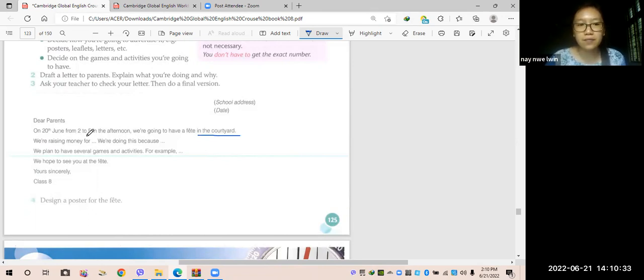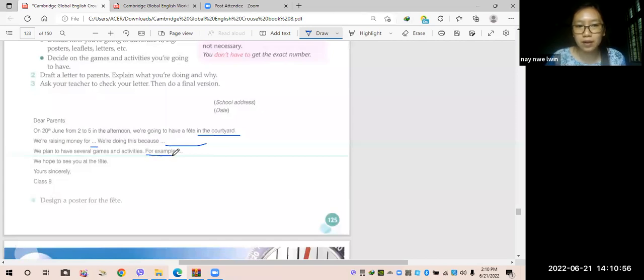And we are raising money for, so you can add anything here. Like we are raising money for the charity, and we are doing this because, so you may have a reason for celebrating the fete. For example, we are doing this because we want to help the children from South Africa or East Africa, whatever. So you can choose any reason that you want. And we plan to have several games and activities.